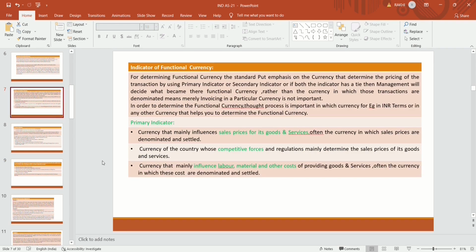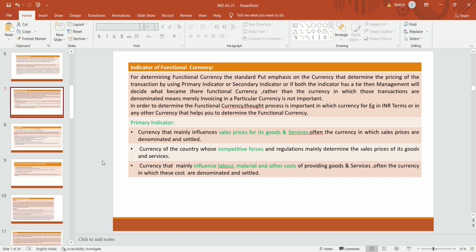So let's start. In order to determine the functional currency, the standard gives some primary indicators. There are three primary indicators. The first is the currency that mainly influences the sales price for its goods and services, often the currency in which the sales prices are denominated and settled.